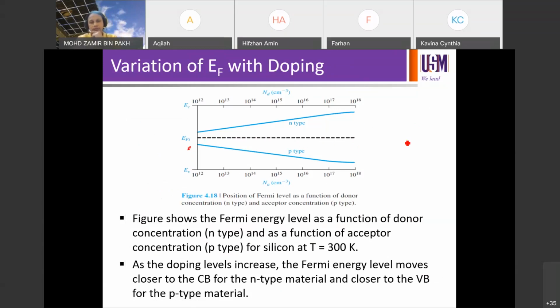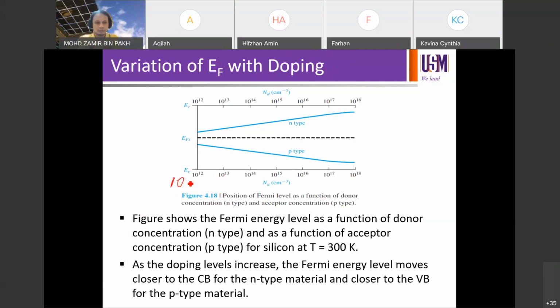If you have undoped, so what is the carrier density inside the silicon? On the left. Berapa? Go ahead. 1 times 10 to the power of 10. Yep, 1 times 10 to the power of 10, right? So it's slightly more to the left of this figure.